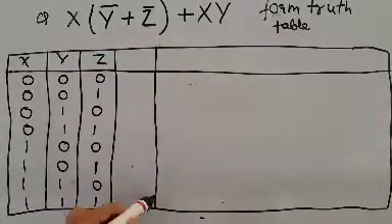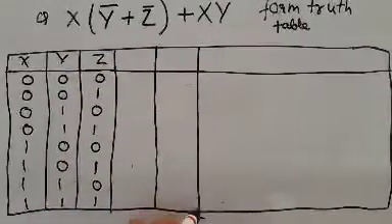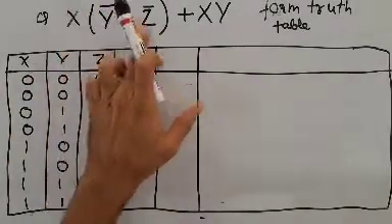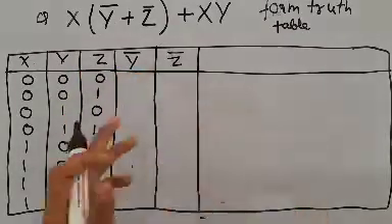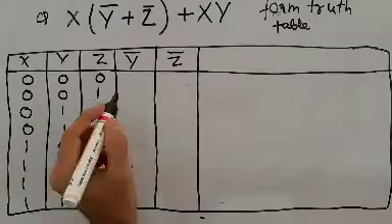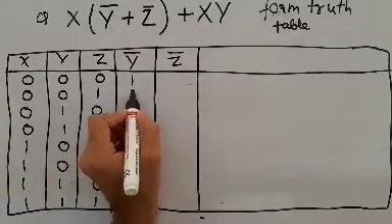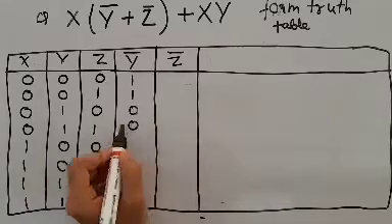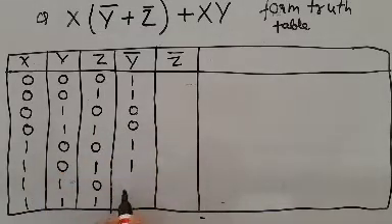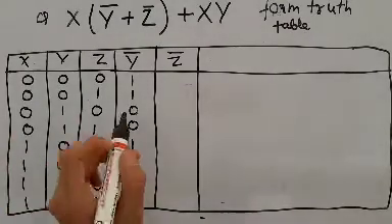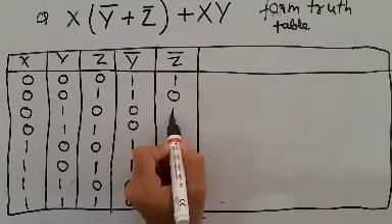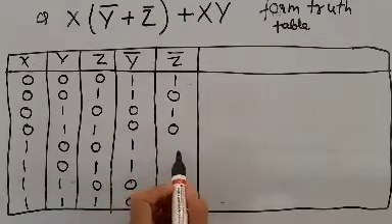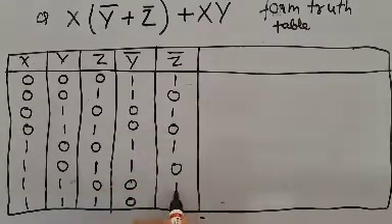Now you will form the truth table by individual expressions. First you will need the not of y and the not of z. So not of y, not of z. Just reverse the condition of y. So 0 will be 1, again 0 will be 1, 1 is 0, 1 will be 0, 0 is 1, 0 is 1, 1 is 0, 1 is 0. Just reverse the condition which we have stated. Now for z, 0, 1, 1, 0, 0, 1, 1, 0, 1, 0, 1, 0.